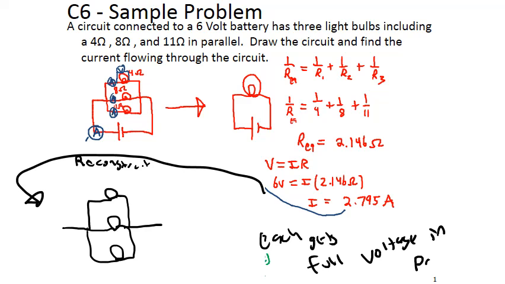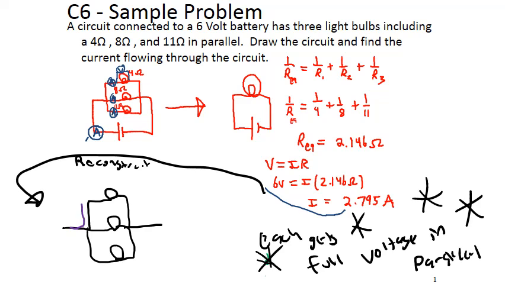In parallel. And this is a huge idea because in this case it was at 6 volts, there's nothing else in here. This gets a full 6 volts, this gets a full 6 volts, and this gets a full 6 volts.